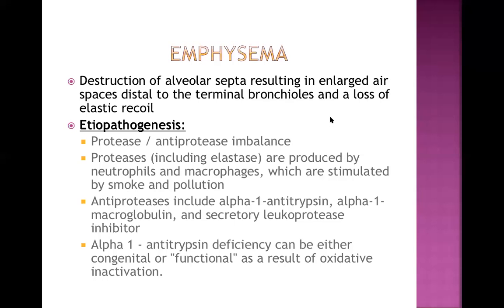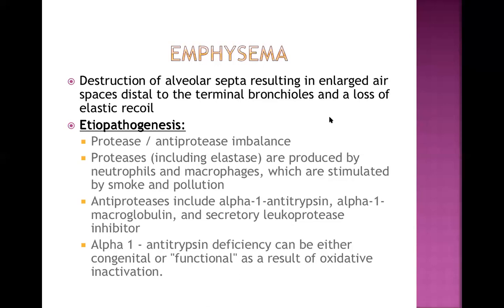As a result of destruction of alveolar septa, there is loss of elastic recoil function of the lung. For expiration to occur, elastic recoil of the lung is a very important property. So with the loss of elastic recoil, expiration is a problem.